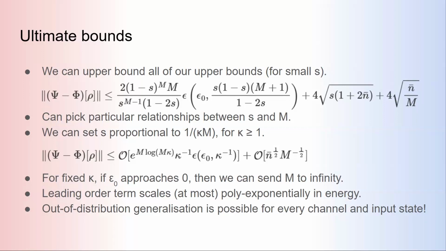So the bigger m is, this is kind of polyexponential in m. So sorry, in s. In m, making m big is bad for this factor. Making s small is bad for this factor. But I can do it if I make this small. And so the leading order term scales at most polyexponentially in energy, which is bad, but then this is incredibly general.